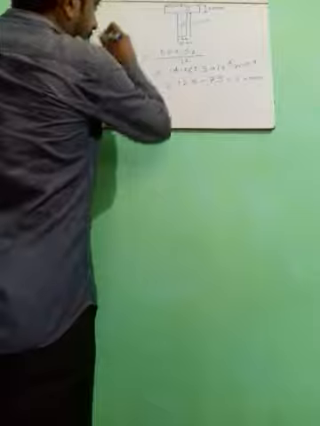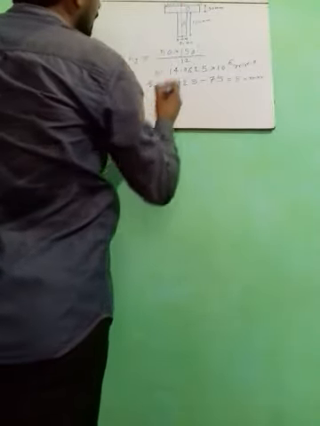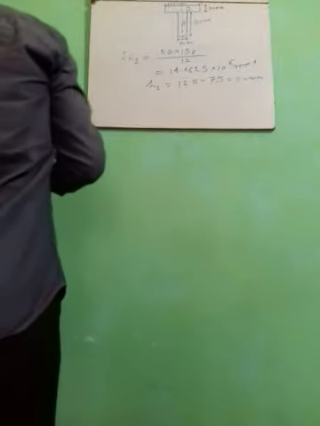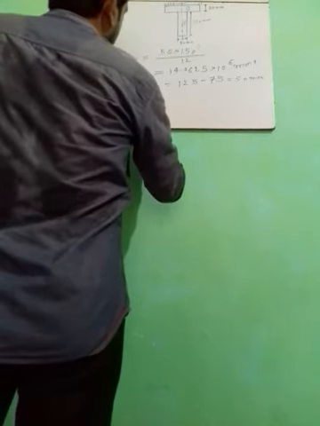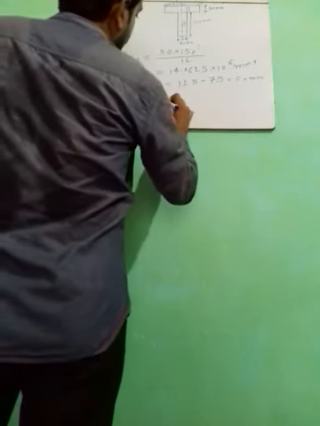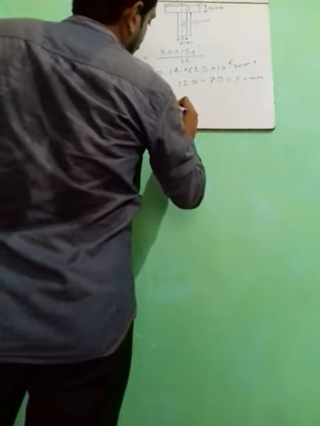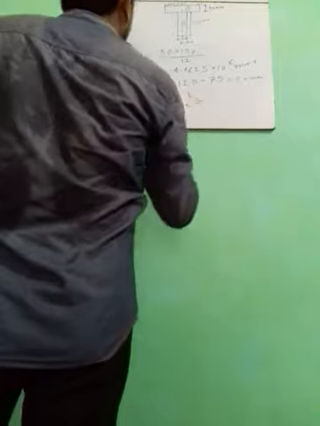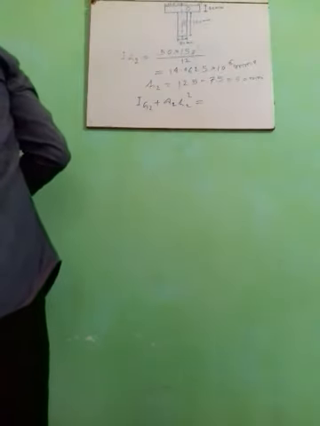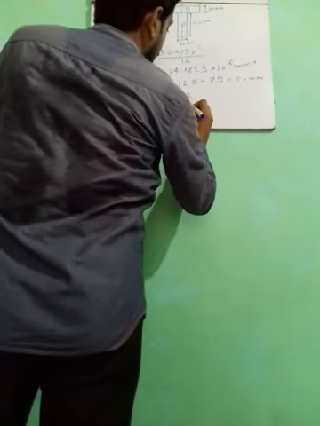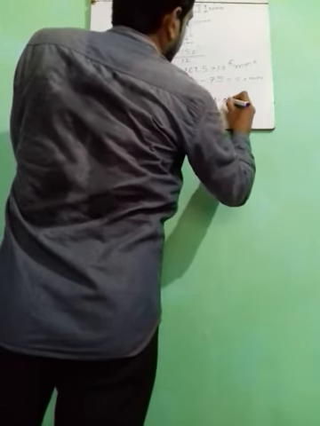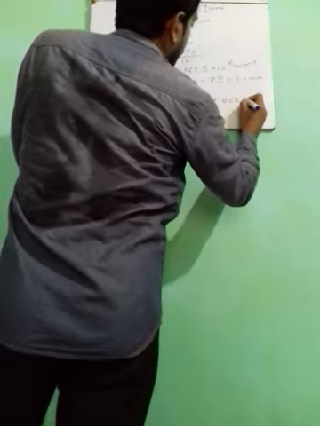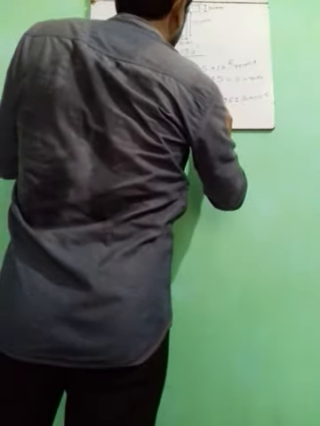Now, similar to the first figure, the moment of inertia of the second figure about the x-axis will be Ig2 plus A2 H2 square, equal to 14.0625 into 10 to the power 6 plus A2.